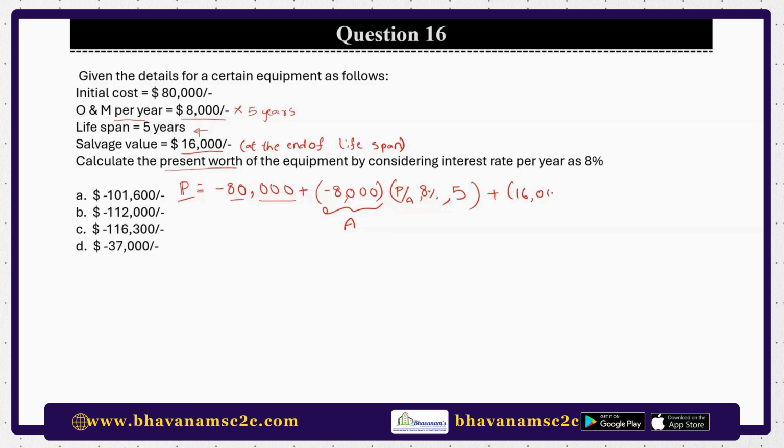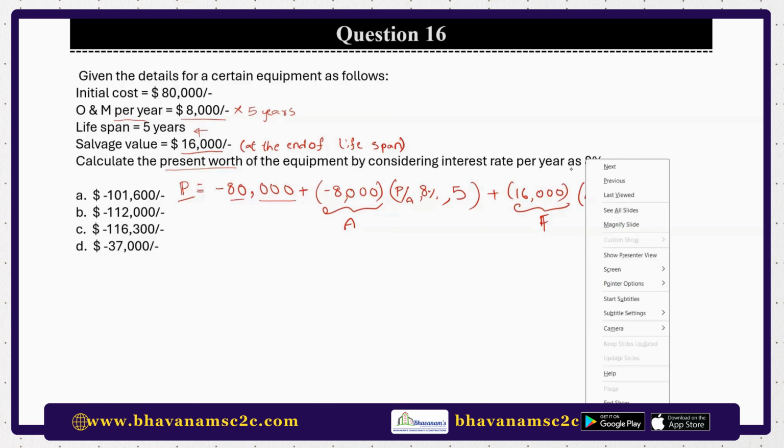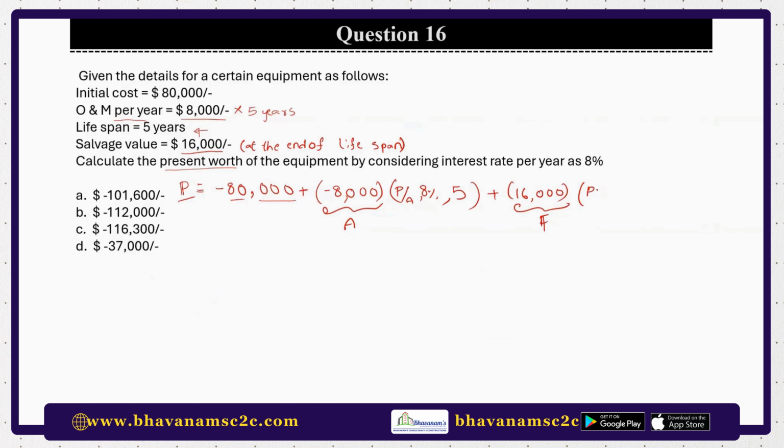So 16,000 is going to be under the notation of future value. And we have to calculate what? Present value, right? And what is the given value? They gave us the future value by the name salvage. Percentage of interest is 8, and the lifespan is 5 years. Now, we have to calculate these values.